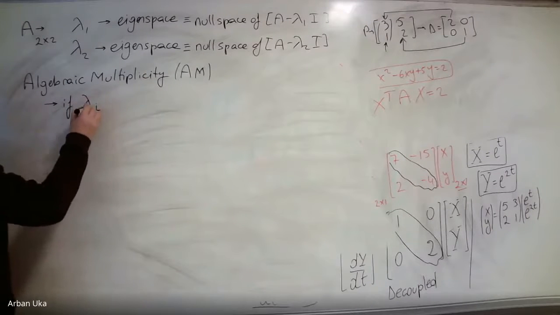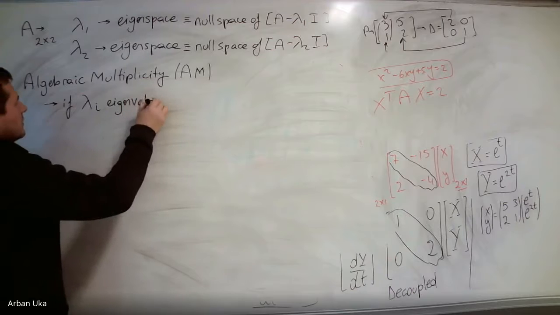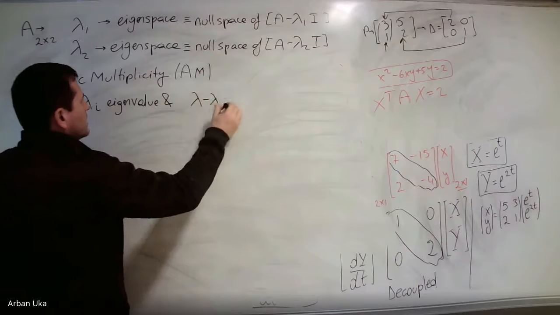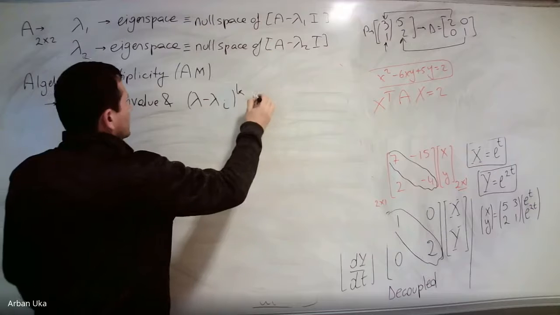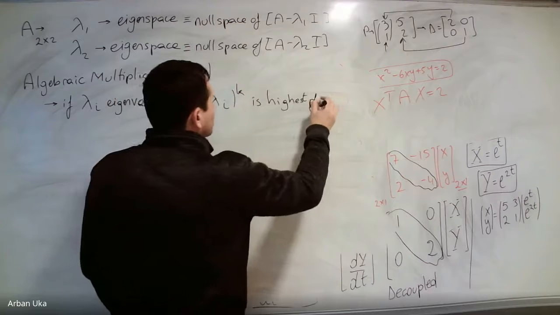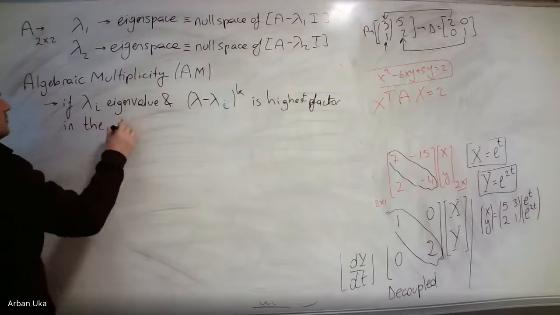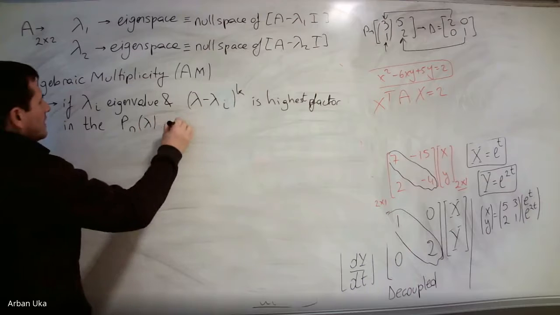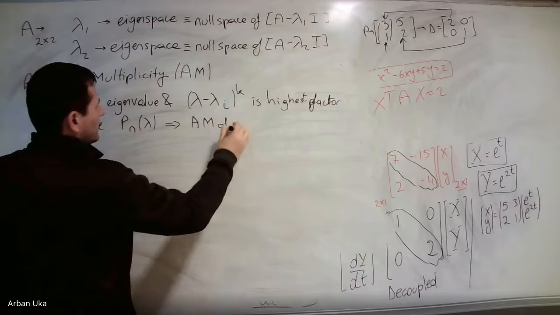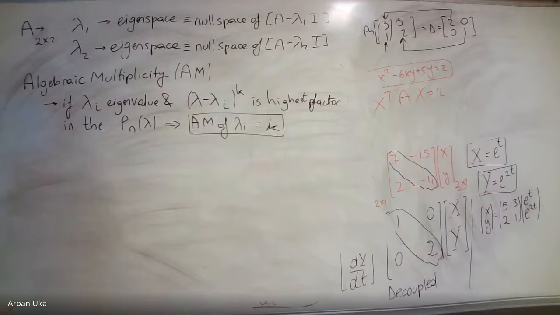If lambda i is an eigenvalue, and lambda minus lambda i to the power k is the highest power that is a factor in the characteristic polynomial P(lambda), then this implies that the algebraic multiplicity of lambda i is equal to k. So this is what we mean by algebraic multiplicity.